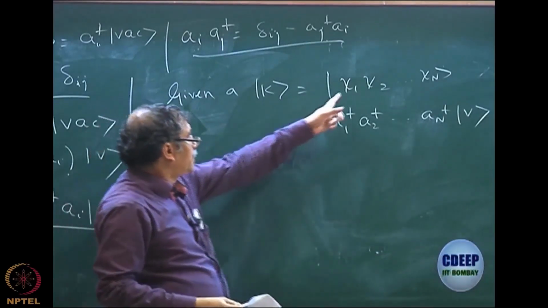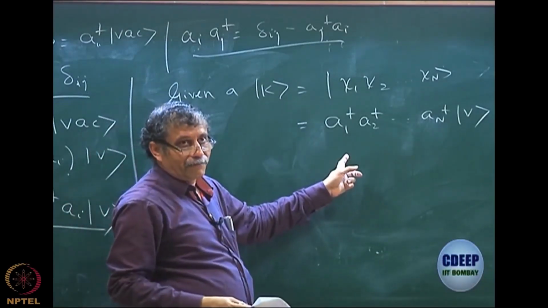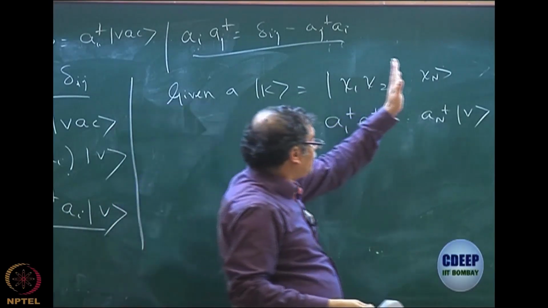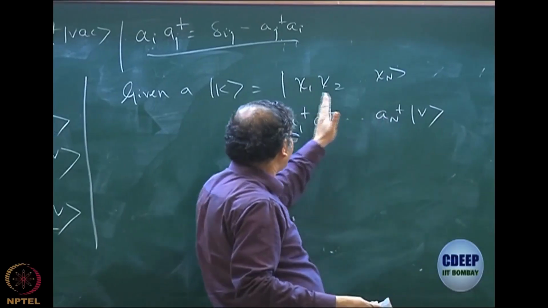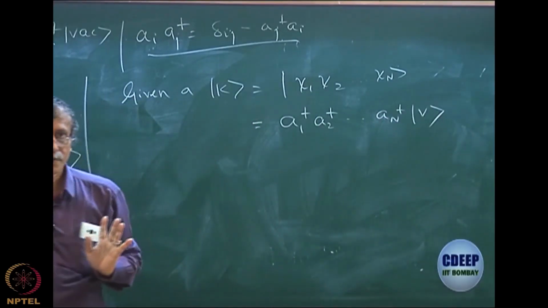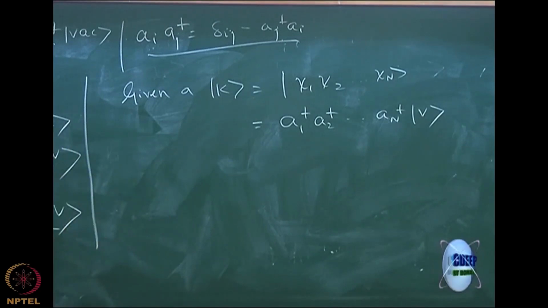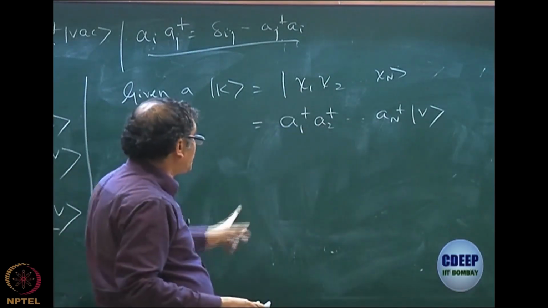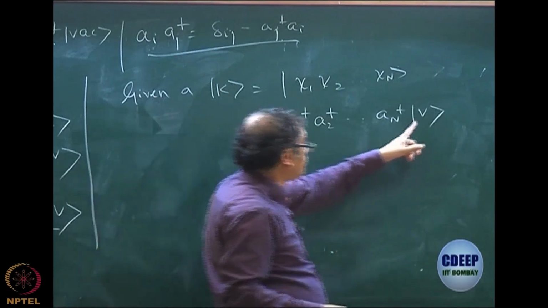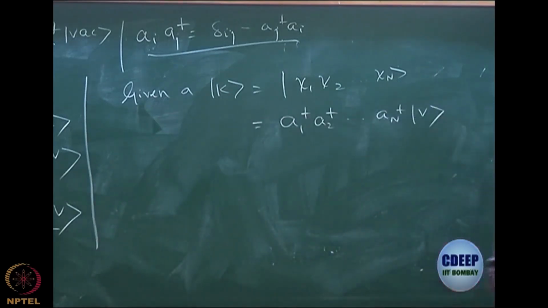The first one will come actually last because I am building the first column with A_n dagger, then A_{n-1} dagger, etc., A_1 dagger. So just please learn how to write this, just looking at the determinant. The order is very, very important because if you interchange, then there will be a sign change. So this determinant can be written in terms of V, which is just a short form of vacuum. So that is a given.